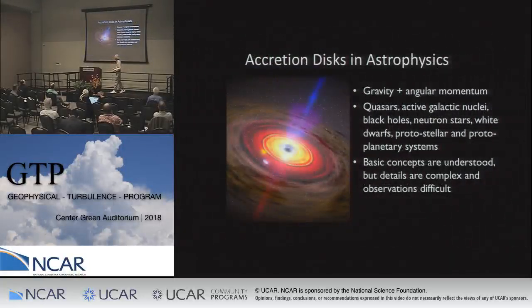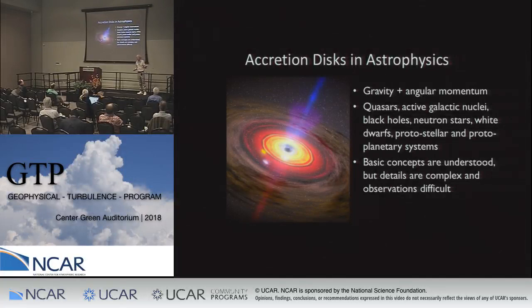All right, so here's an artist's rendition of an accretion disk. At its simplest, an accretion disk is nothing more than the combination of gravitational attraction and angular momentum. Accretion requires that you somehow manage to remove the angular momentum so the gas particles can spiral in.